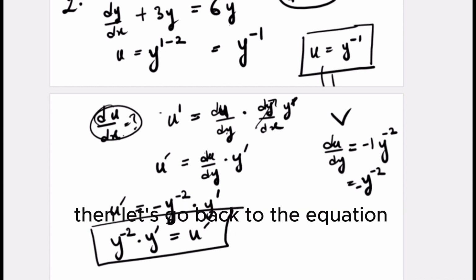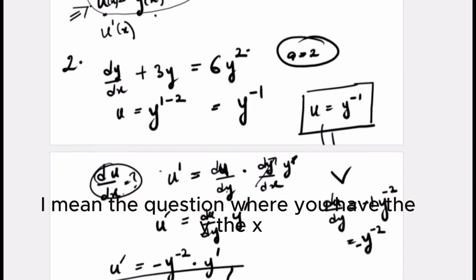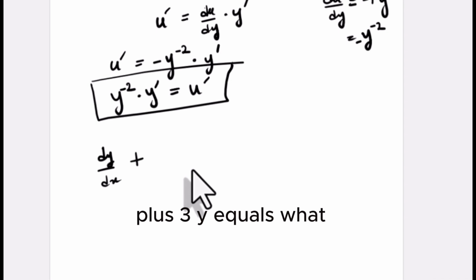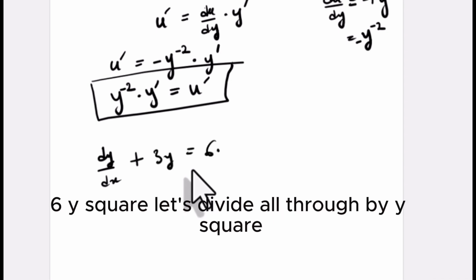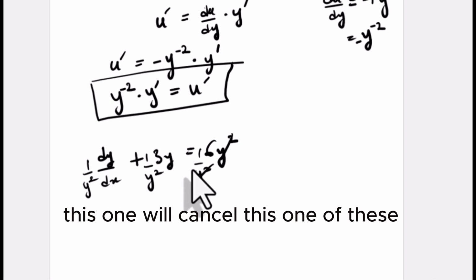Then let's go back to the question, where you have dy/dx plus 3y equals 6y squared. Let's divide all through by y squared: 1 over y squared, 1 over y squared. This one will cancel this.